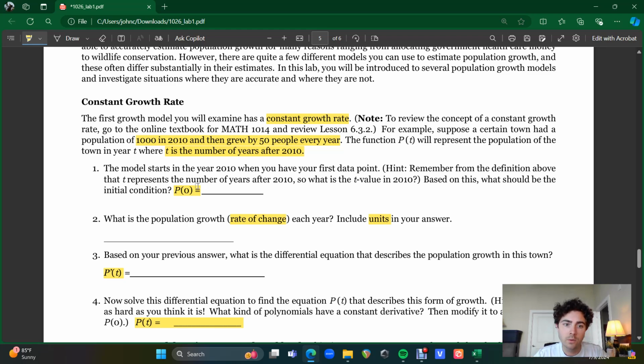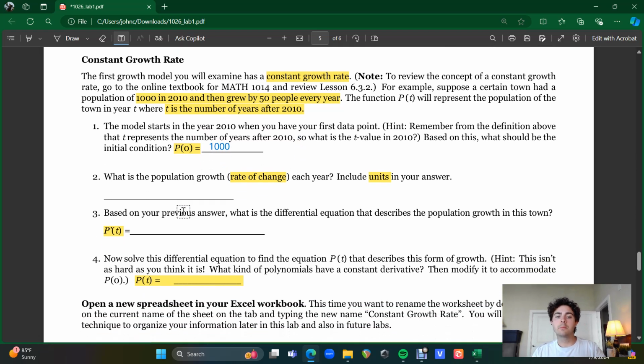They're asking, what should the initial condition be if it's starting in 2010? So t is the number of years after 2010. So when t equals 0, you're talking about the year 2010. When t equals 1, you're talking about the year 2011. All right, so the initial population, p of 0, is 1,000. Then they ask, what's the population growth?